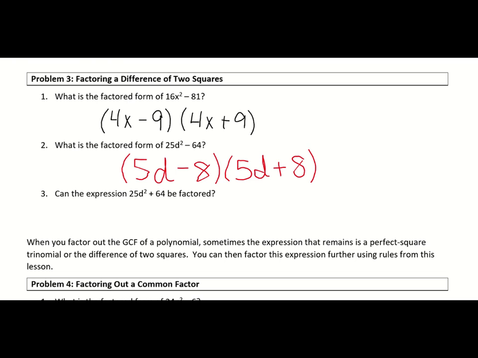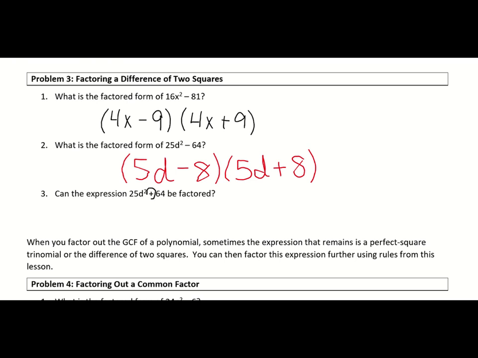Number 3, 25d squared plus 64. First thing you do is look for a GCF. 25 and 64 don't have anything in common, so then you want to try to factor. The only way to factor binomials is by GCF or difference of squares. We already eliminated that this has a GCF, so we could only use difference of squares.